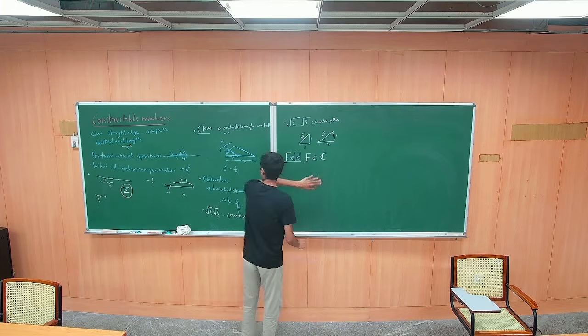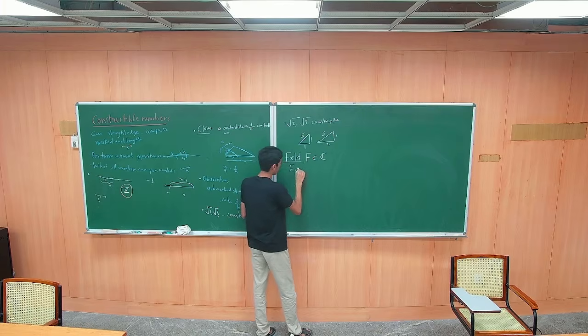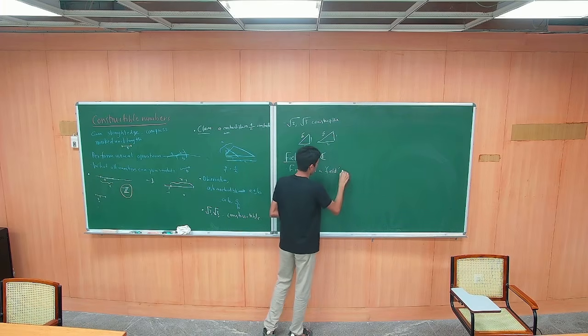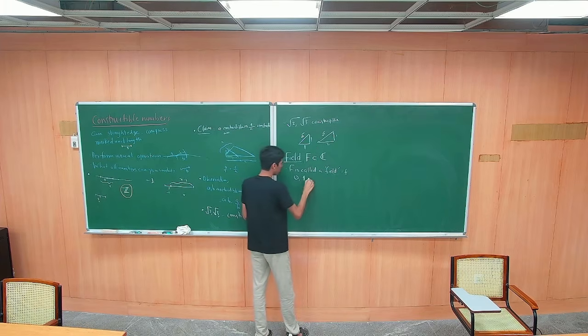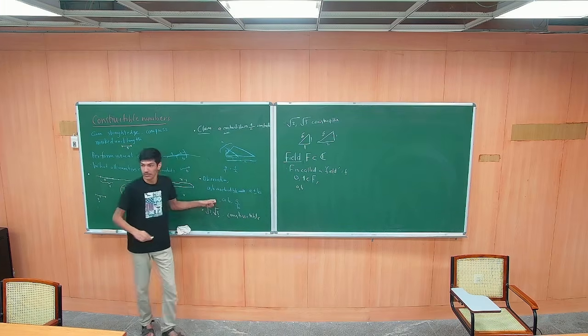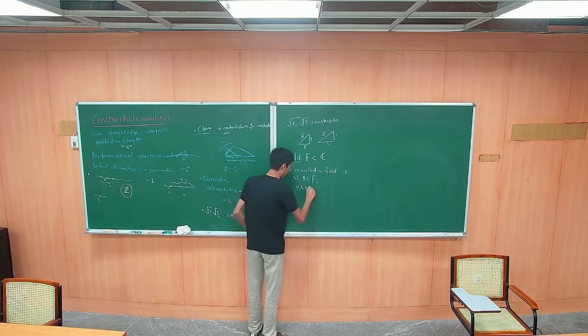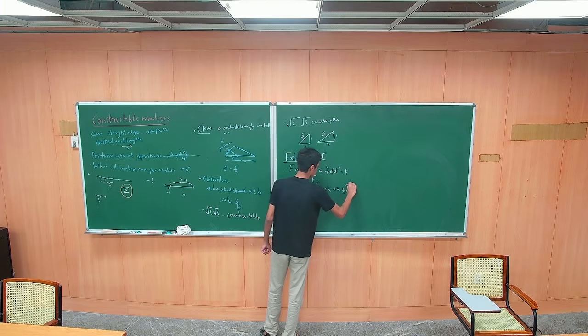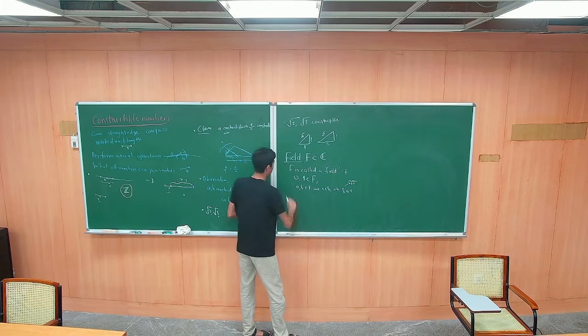We'll be only dealing with this, and F is called a field if 0, 1 belong to F and it has exactly this property: A, B belong to F implies A plus or minus B, AB, A by B belong to F. Here I assume B is non-zero.